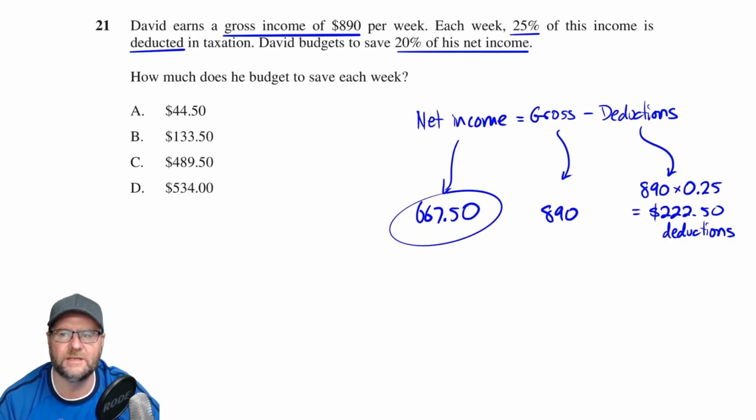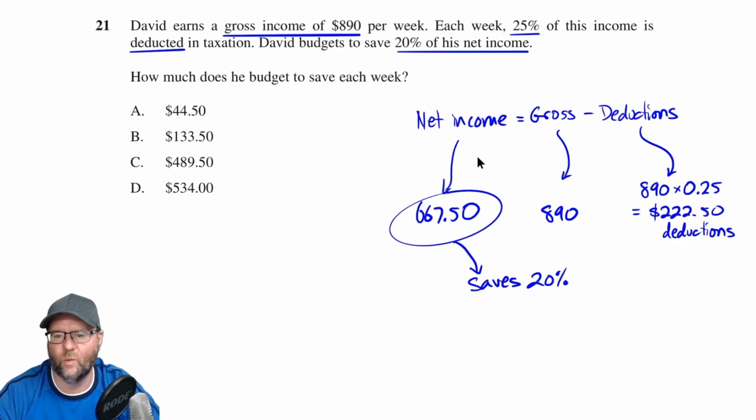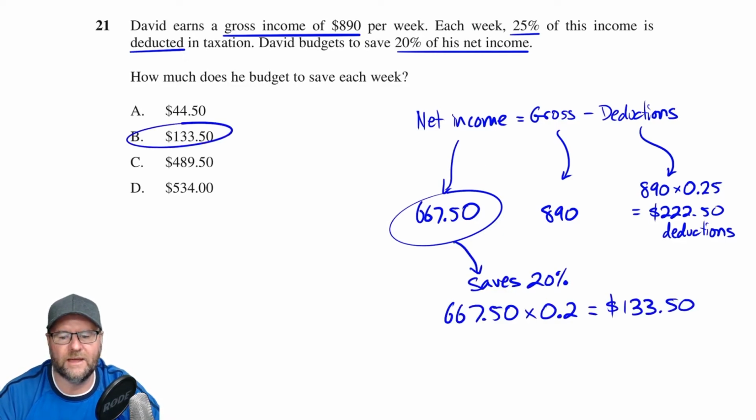That's what a net income is: it's what you get in your hand after your tax and deductions have been taken out of your gross. Now, if he wants to save 20% of that, I just need to work out what 20% of that amount is. So I multiply that by 0.2, because that's my 20% written as a decimal, which means he's saving $133.50 in the week.